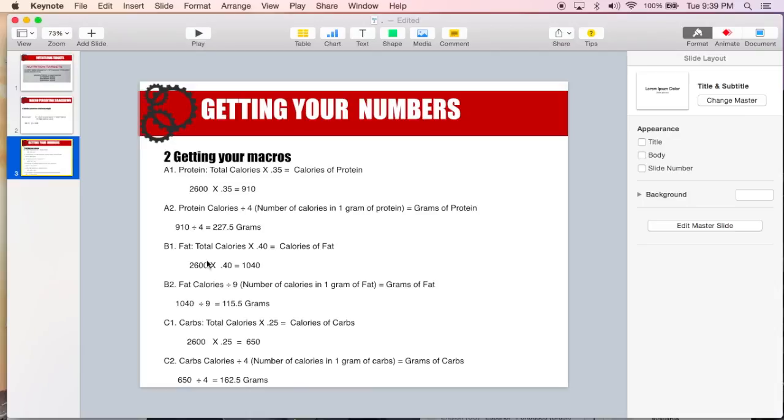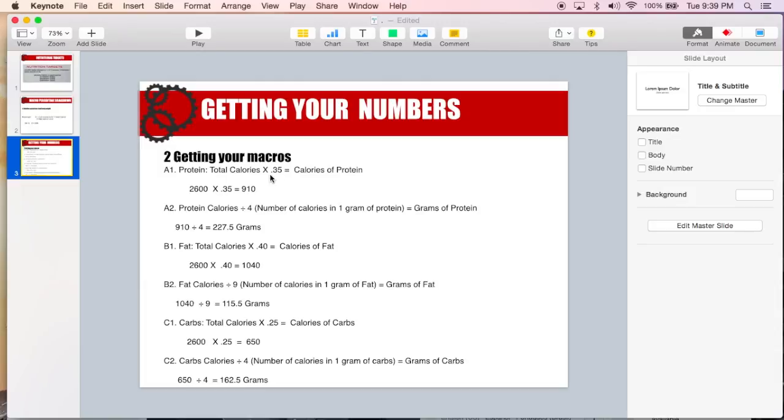Now let's break that down. Here's the math. Again, I'm using myself as an example. You have to put your particular body type percentages inside these numbers right here. So I took my total calories and multiplied it by 0.35 because it's 35% for an endomorph. For an ectomorph, it would be 30%, a little bit lower. For a mesomorph, also it'd be 30%.